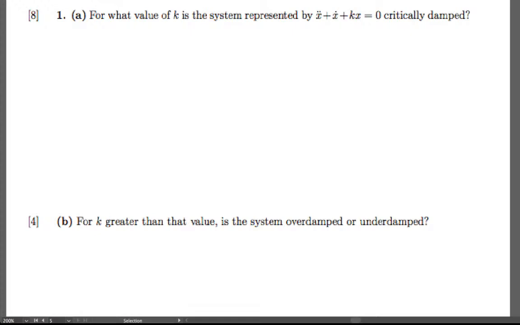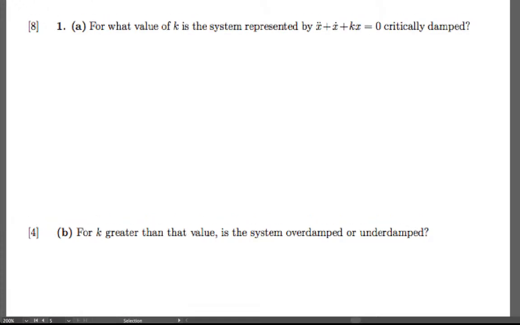Okay. For what value of k is the system represented by x double dot plus x dot plus kx equals 0 critically damped? Okay.